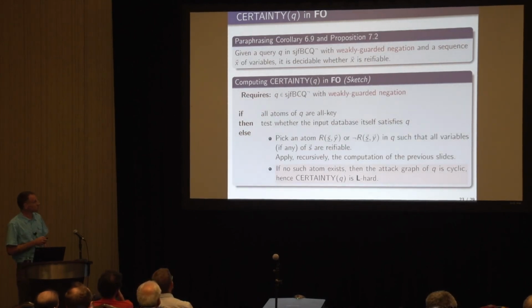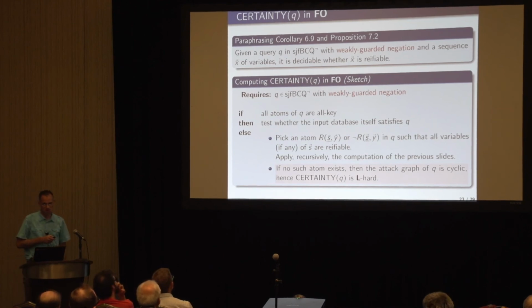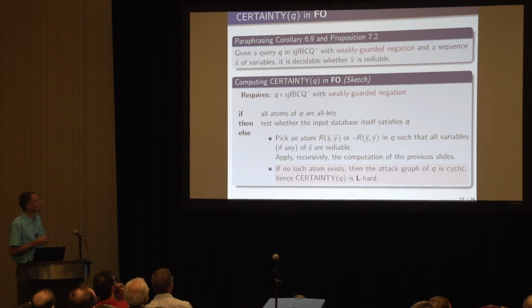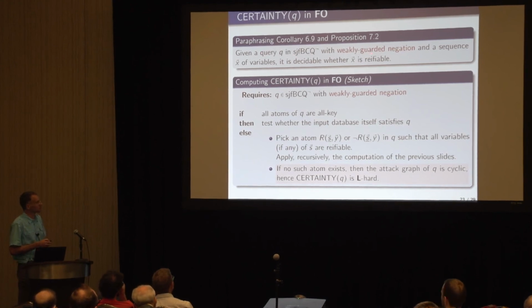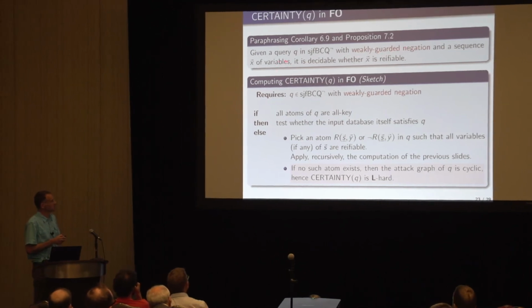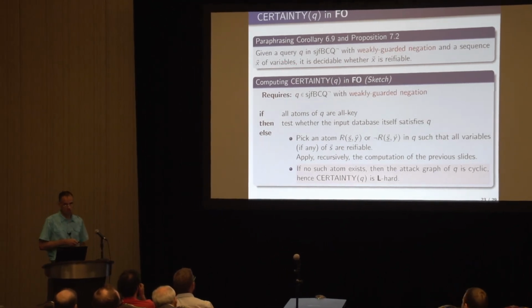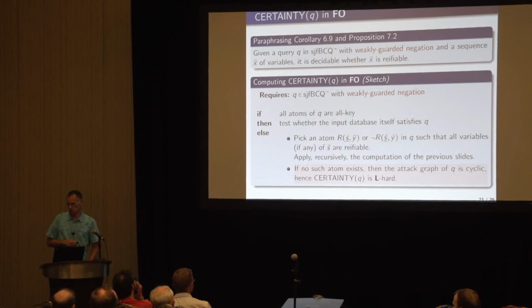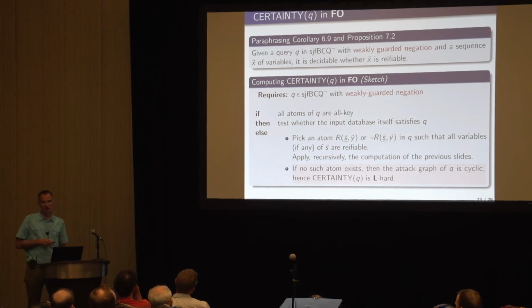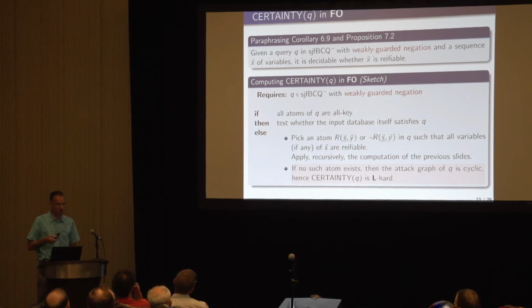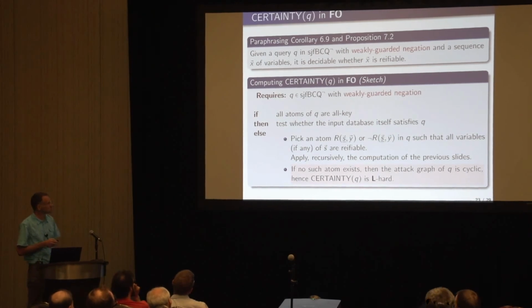So what we actually showed is that this notion of reifiability is a decidable notion. If you are given a query Q in our class with weakly guarded negation and a sequence of variables, then we can decide whether X is reifiable. And this finally leads us to the first order algorithm, which is sketched as follows.